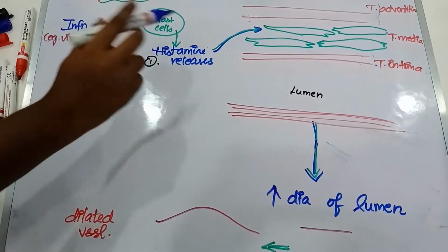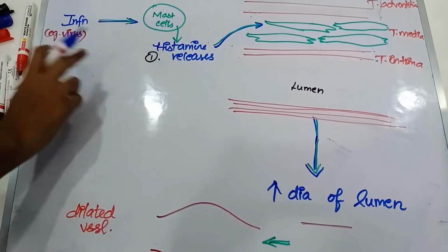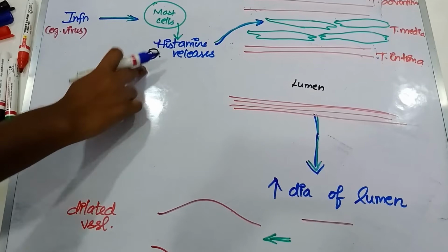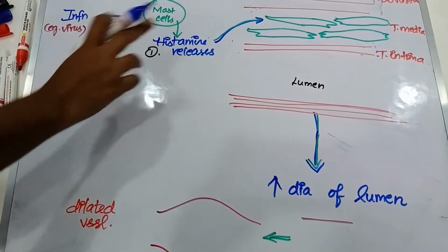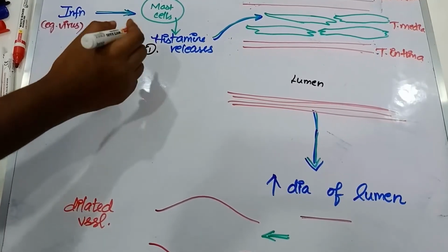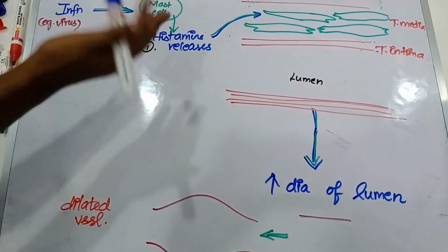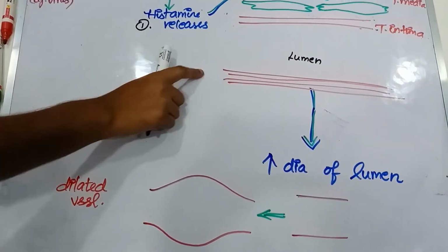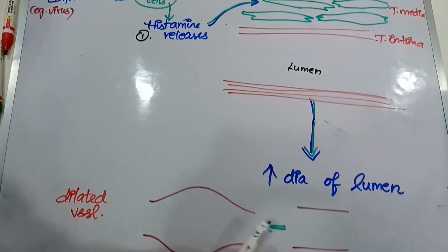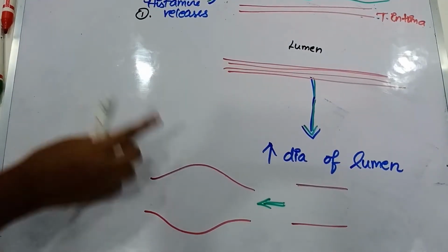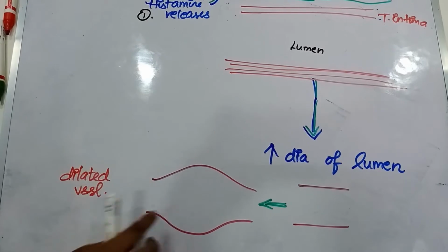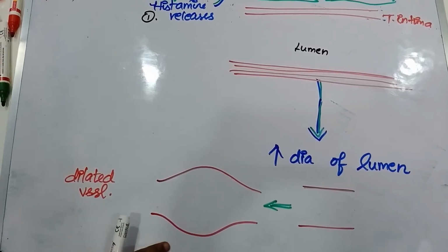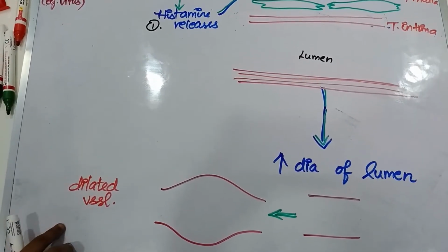The tunica media layer is made up of smooth muscles. Histamine acts on these smooth muscles, causing dilatation of the lumen of the blood vessels. The normal diameter will be this. After the histamine action, there is an increase in the diameter of the lumen. So it causes dilation of the blood vessel.